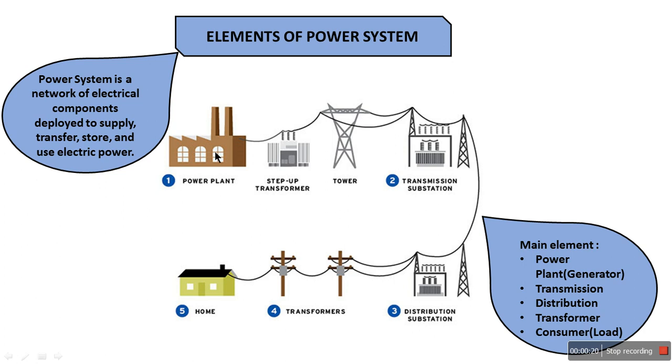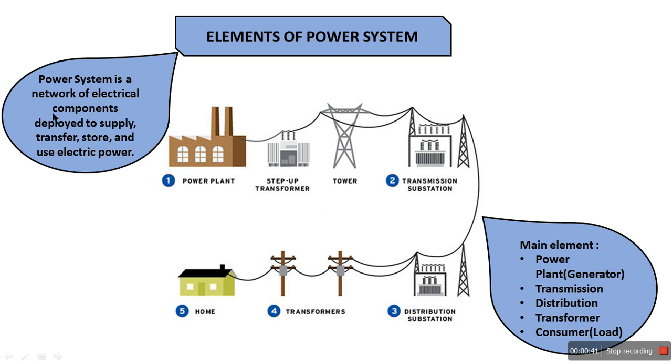So the element of power system, as you can see at the slides, there is the flow from the power plants to the step-up transformer to the tower, then to the transmission substation, distribution substation, transformer, and home, which is the consumer.